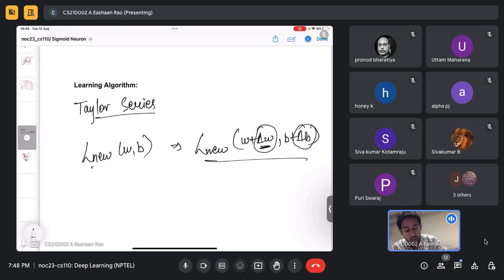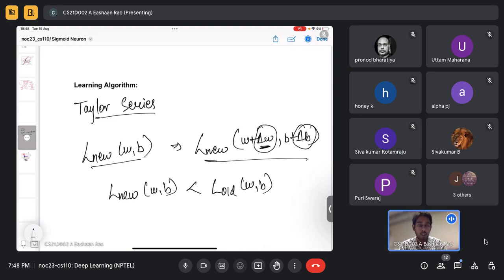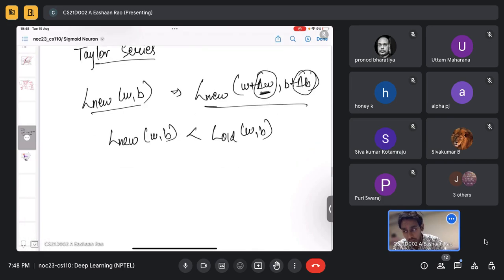Now this is for the loss function L we're talking about, and we know that L new of w, b should be less than L old of w, b. That is, the new value we get from the loss should be lesser than the older loss. If this intuition is clear, the Taylor series deals with similar kinds of expressions, that is f of x plus delta x.